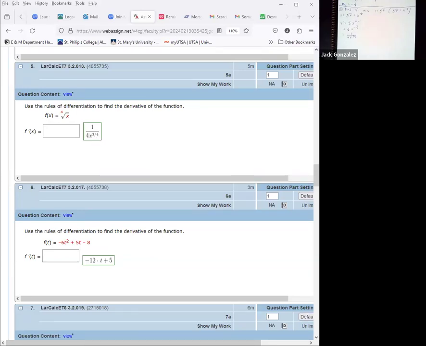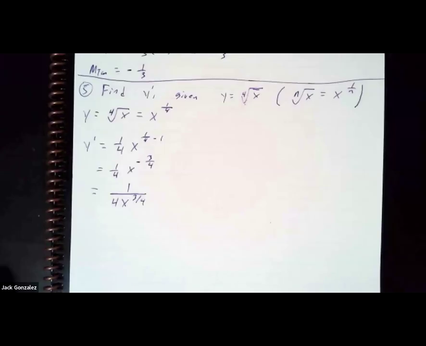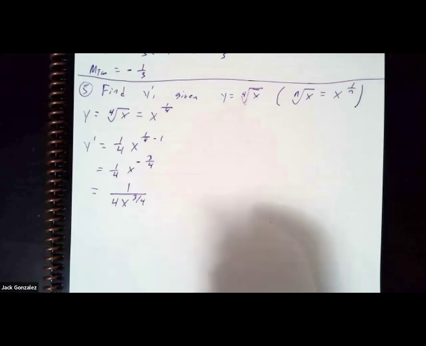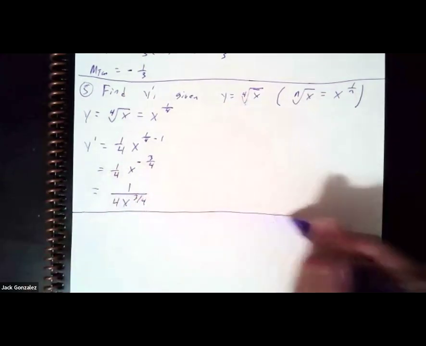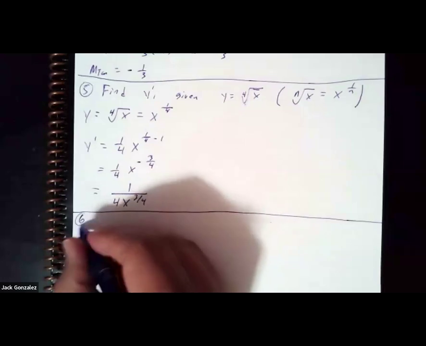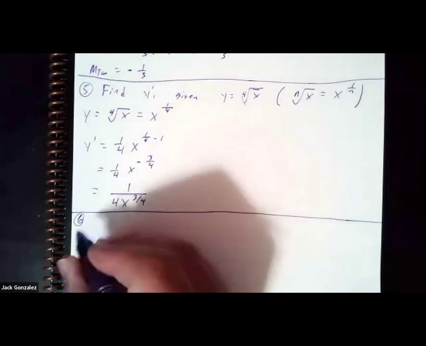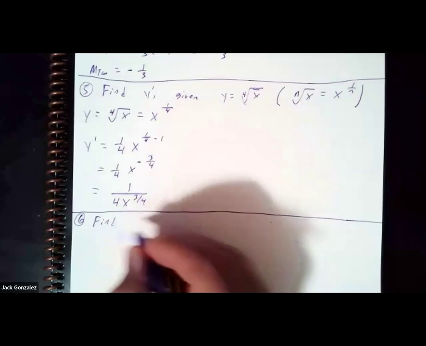Any questions on 5? You can see how short the shortcuts are, right? It's way better than the limit rule.